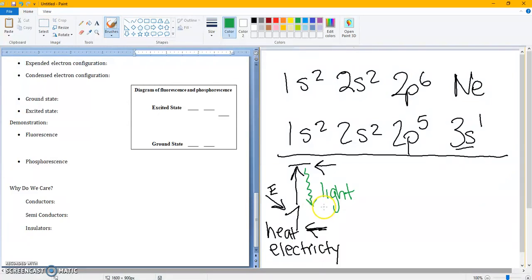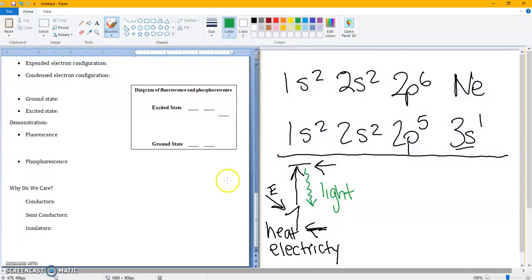Okay, and that can come in different colors. For instance, our hydrogen spectrum has 4 different colors: violet, blue-green, and red. Those are the 4 visible colors that we can see when an electron falls from different energy levels. Okay, so this is the general gist of what happens when an electron is excited.